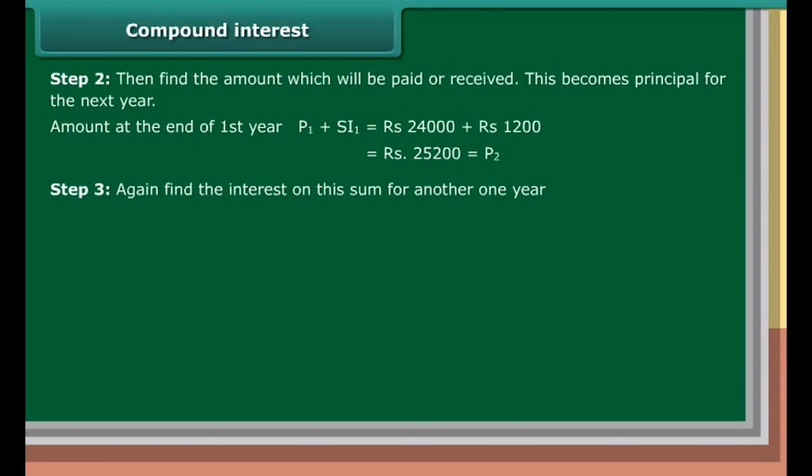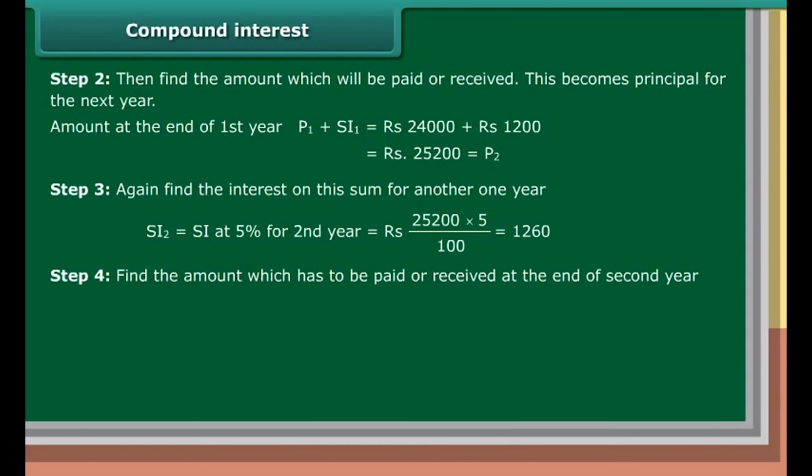Step 3. Again find the interest on this sum for another 1 year. SI2 is equal to SI at 5% per annum for the second year, which is rupees 25,200 into 5 upon 100, which is equal to rupees 1,260. Step 4. Find the amount which has to be paid or received at the end of the second year.